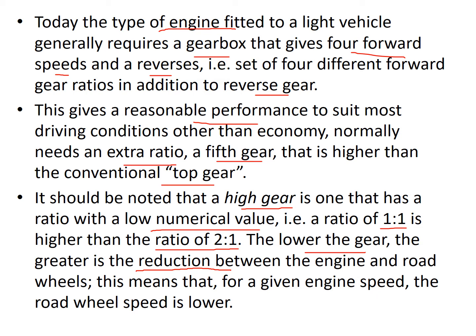This means that for a given engine speed, the road wheel speed is lower. So usually engine speed is higher than road wheel speed, but for top gear only, the engine speed might be lower than the speed of the wheel.